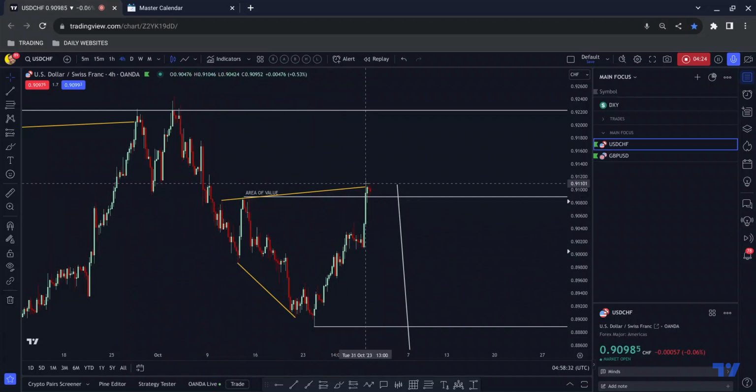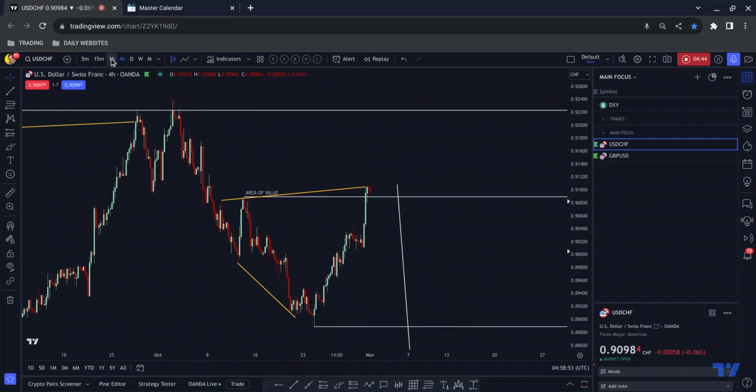I've noticed that with pairs like Aussie Kiwi, and a few other corrective pairs such as CAD Swiss. There's quite a few of them, but I've noticed that they typically pull back 60% of the move before moving to the downside. So that doesn't put me off too much because that's something I've seen in the past.